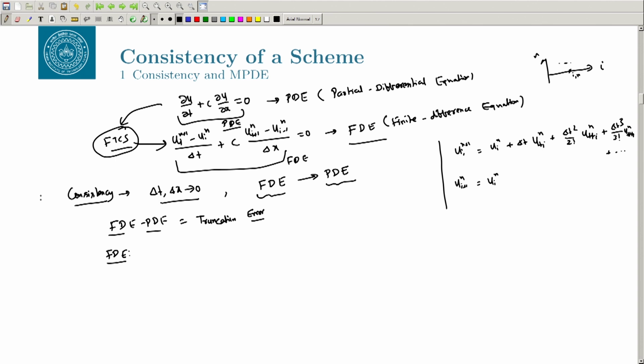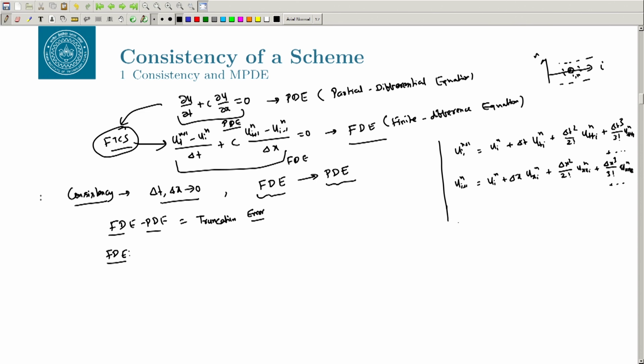You may have points above, points below, left and right, but we are expanding all of them with respect to i and n. So, this is u_i^n plus delta x u_x at i n plus delta x squared by factorial 2 u_xx at i n plus delta x cubed by factorial 3 u_xxx at i n.